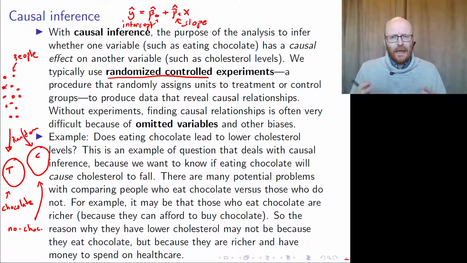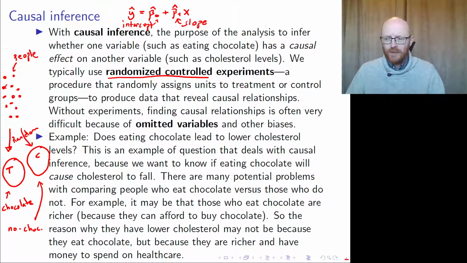Okay? And you might think that, well, a lot of things affect the cholesterol level, so what you want is that this randomization removes any difference on average between the groups of any metric which might differ.